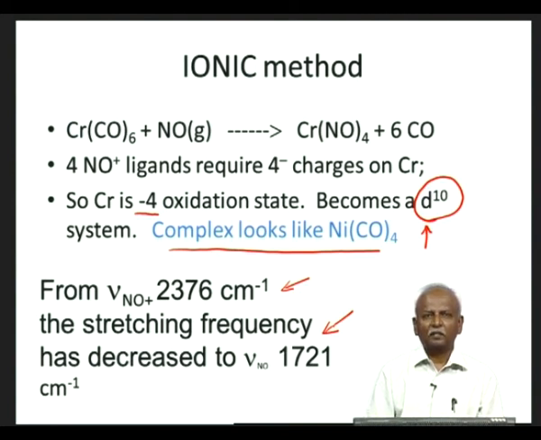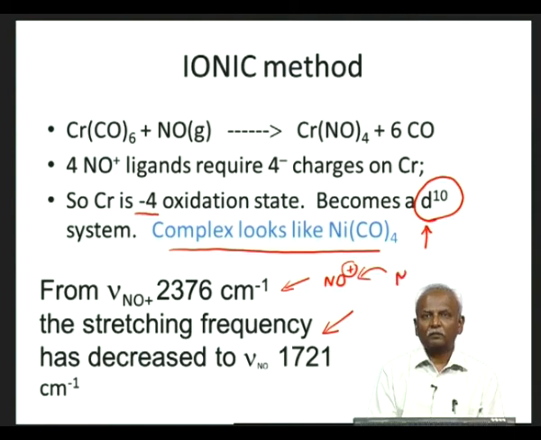So, this drastic reduction in the stretching frequency can only happen if you have a large population of the antibonding orbitals of NO plus, populated by a lot of electron density from the metal.